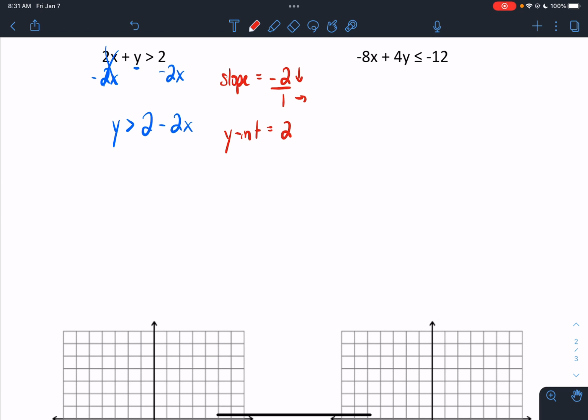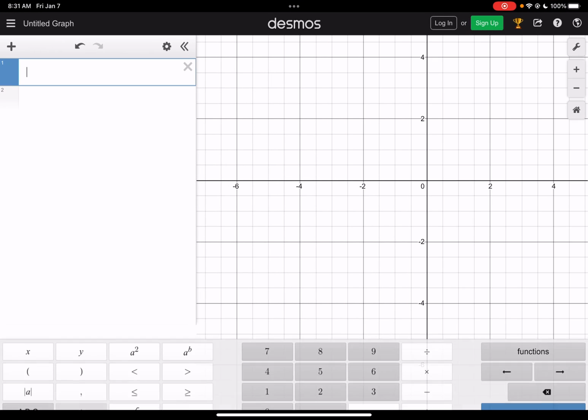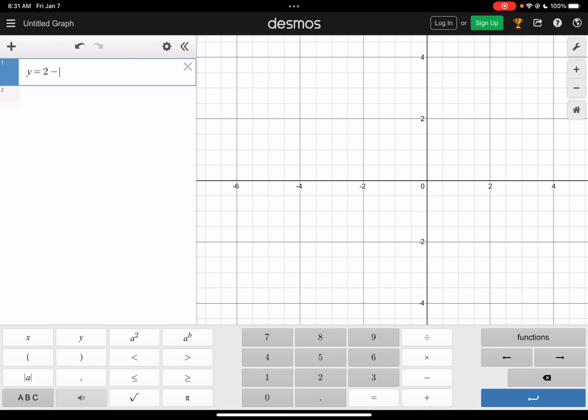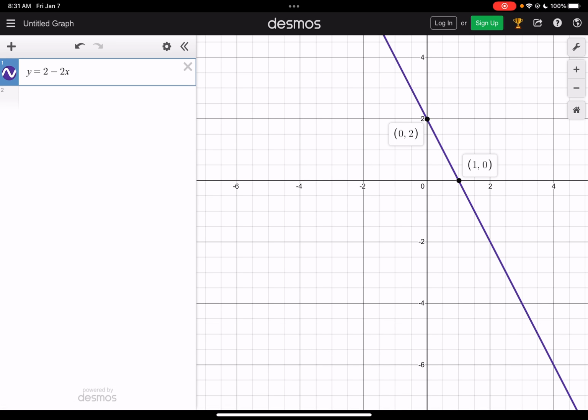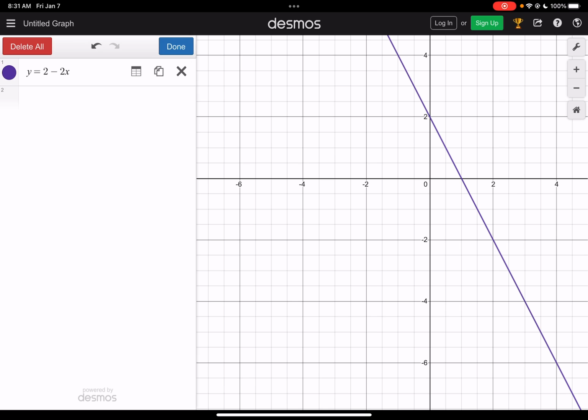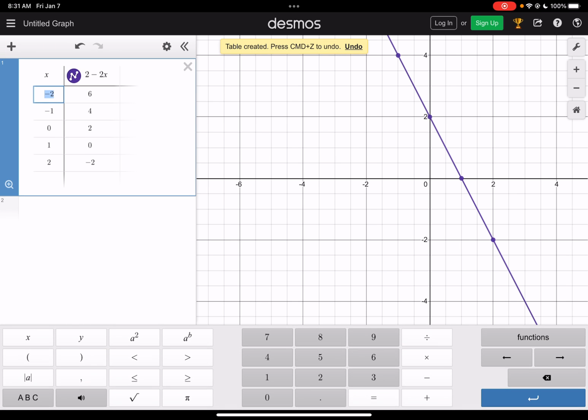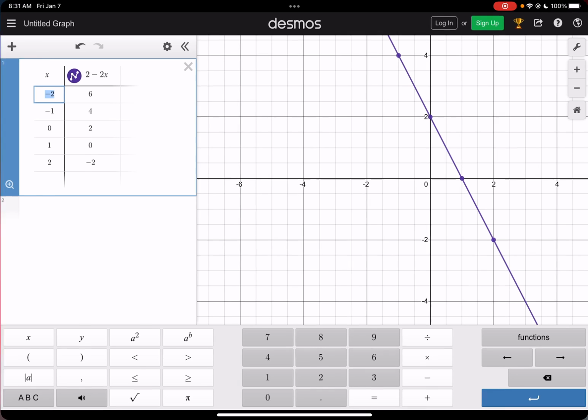So I'm going to graph this like y is equal to 2 minus 2x. Like that. And actually I could just graph those 2 points, but I can use my table. Negative 2 through positive 2. I've got 6, 4, 2, 0, and negative 2.